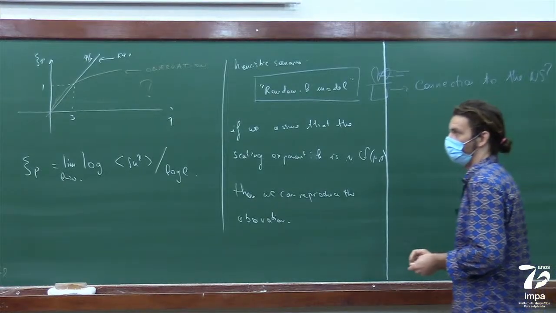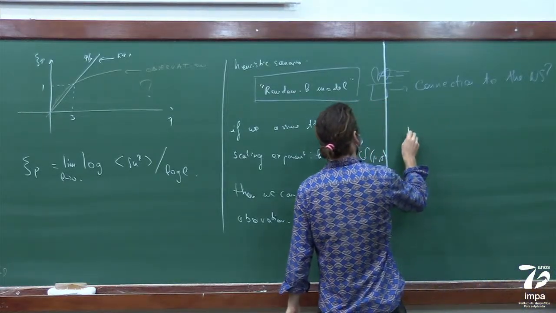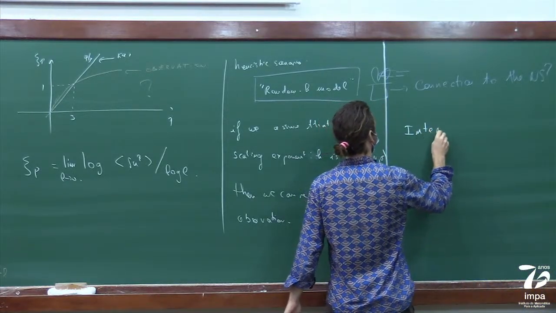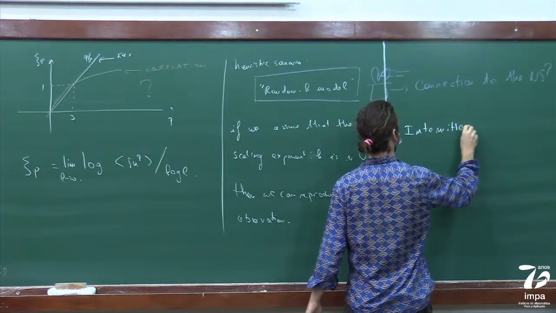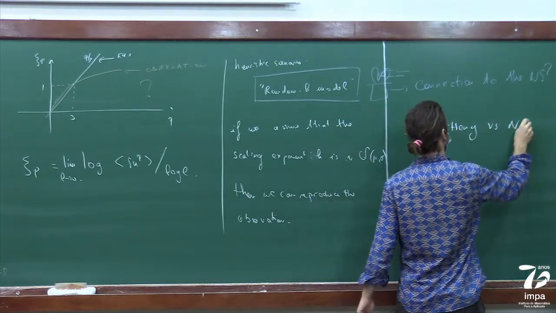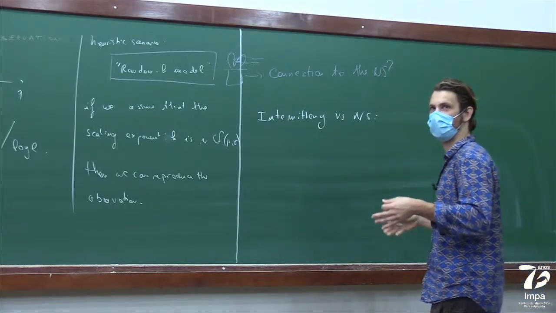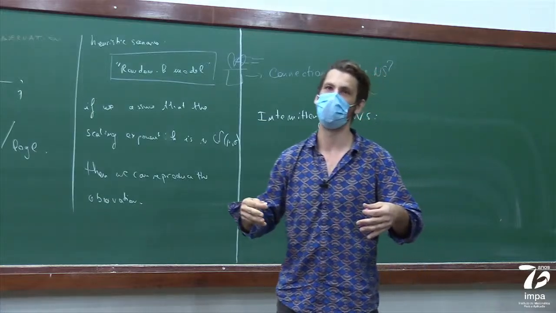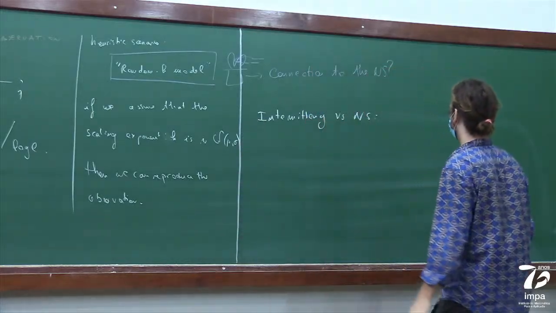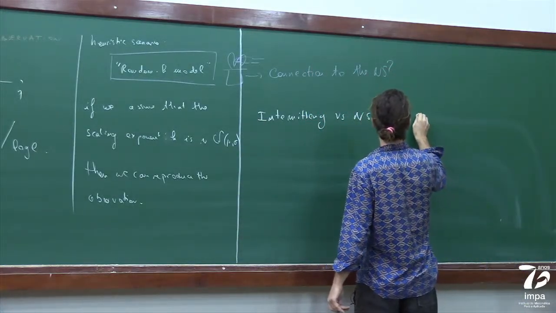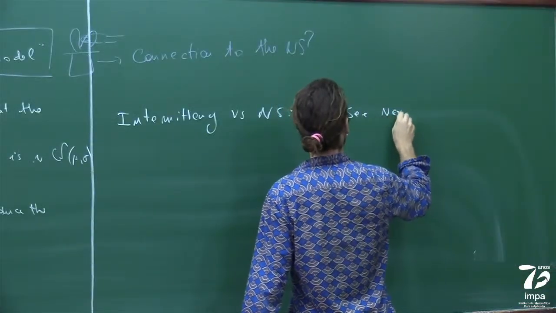In fact, the connection between intermittency and NS is a complicated subject, and probably it will be discussed at some point in the weeks to come, probably starting next week by Alexei. So see next week.